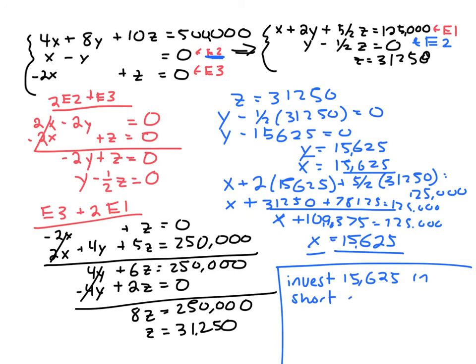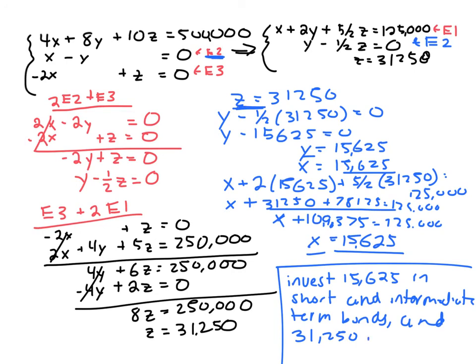So in short and intermediate term bonds, and 31,250, right? That's what Z is, in long term. Okay, and then I'm done.